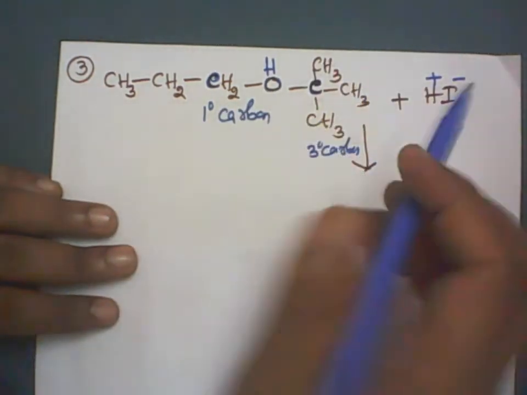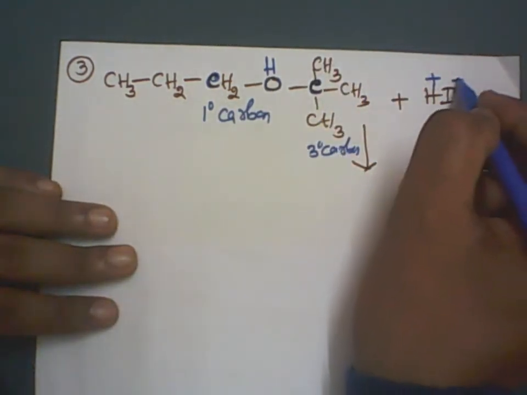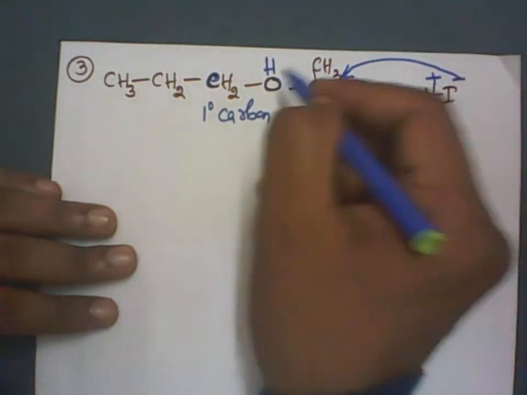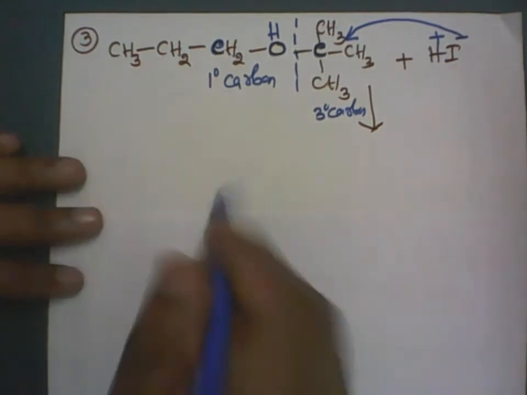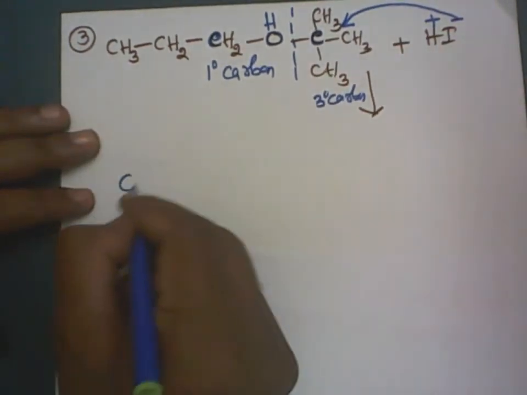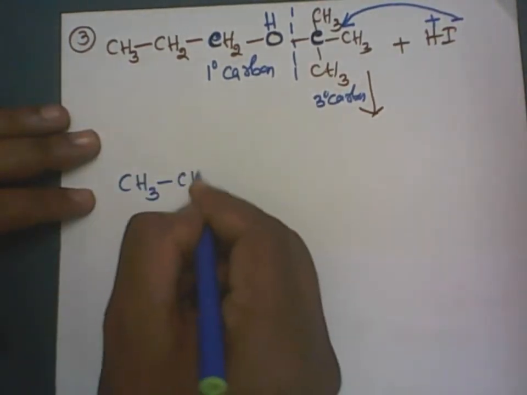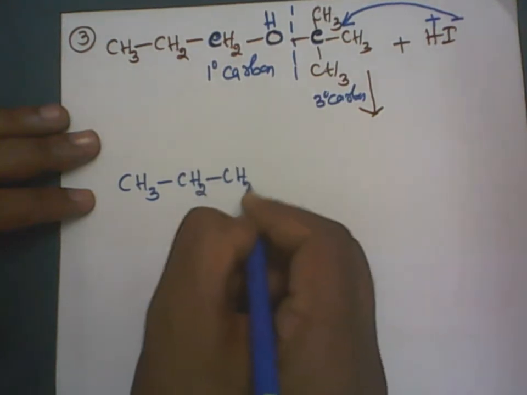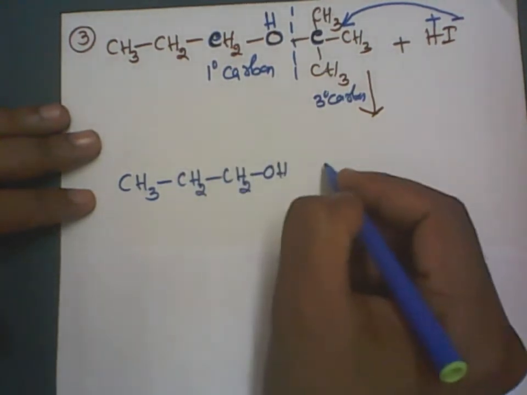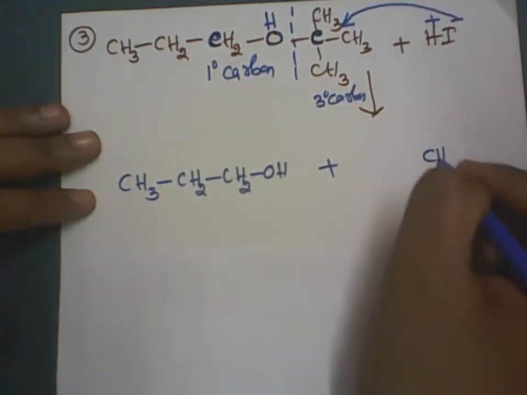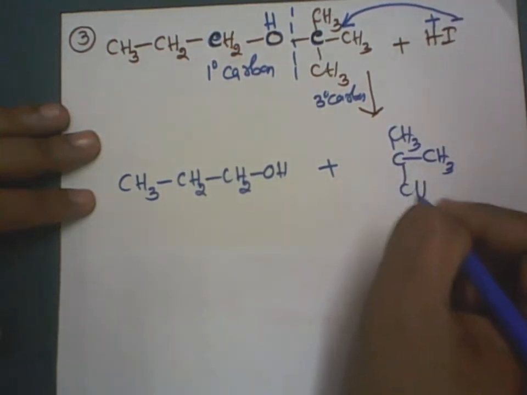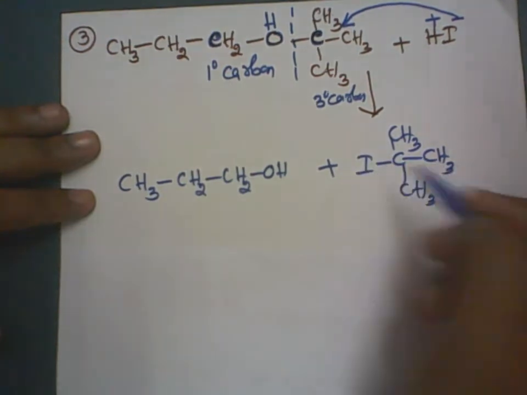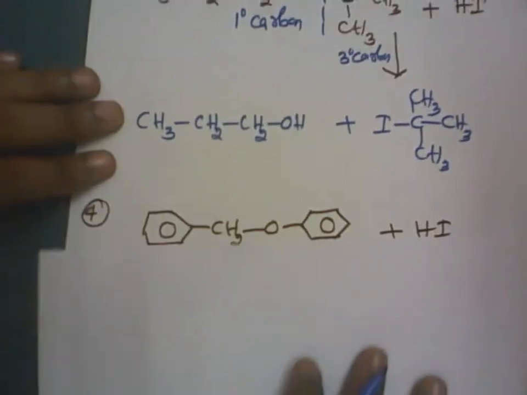The nucleophile attacks the tertiary carbon atom and the bond breaks. So the product would be CH3CH2CH2OH, plus we get tertiary butyl iodide. Next one.